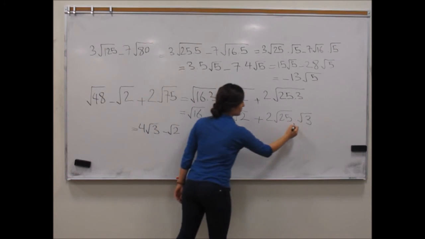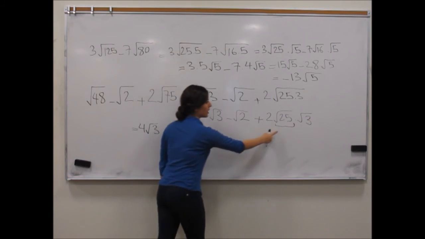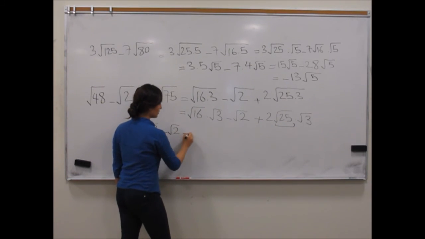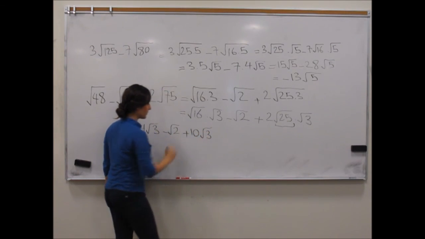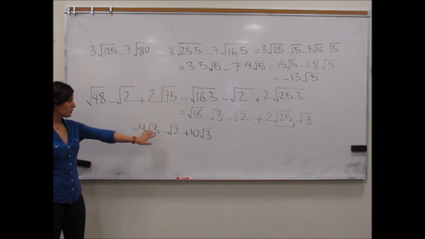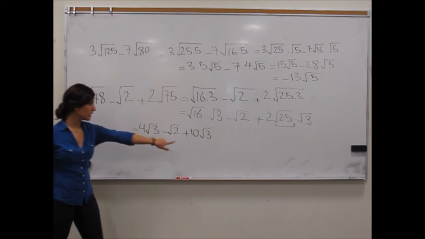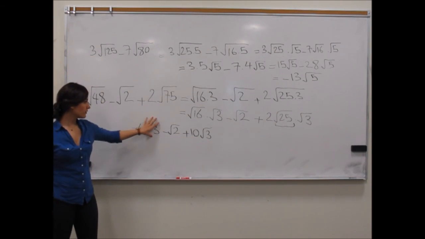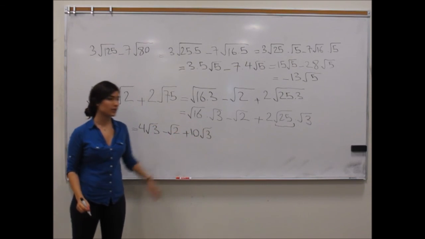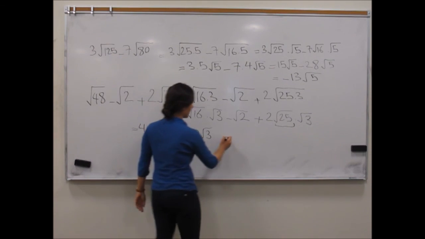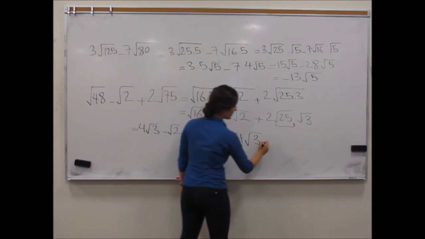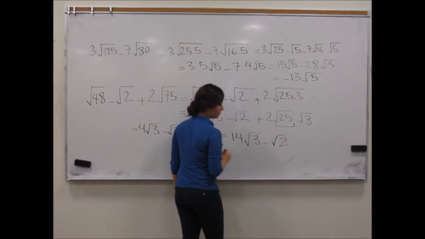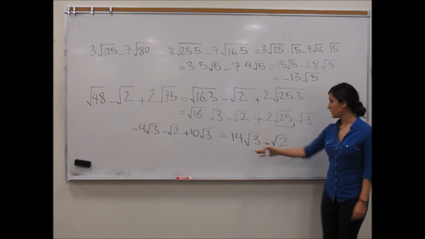So this one would be 5 here, and then 5 times 2 is 10. So plus 10 rad 3. And then as you can see, the only like terms that I have are in this one and this one. So 4 of something plus 10 of something is 14 of that something. So I would have 14 rad 3 minus rad 2. And we cannot simplify it.